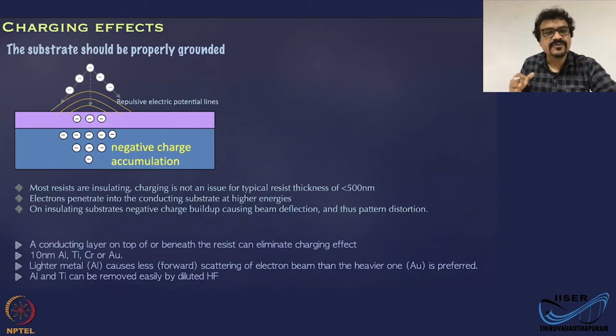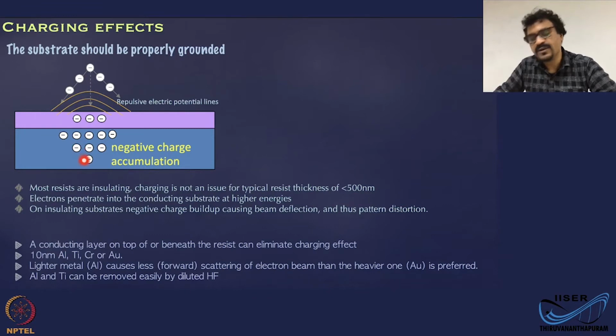But for conducting electron beam lithography, you have to keep the substrate electrically neutral, else you will have charge accumulation which is going to interact with the oncoming electrons. Okay, and there will be a repulsive interaction and you will not get a good pattern. It's almost impossible to write anything useful if the substrate gets charged, and you cannot get an image either. So the charging effect is a huge issue.